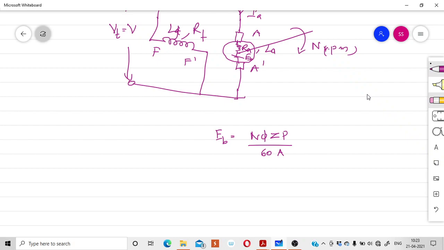So EB is equal to a constant K into N phi, where K is equal to ZP by 60A.